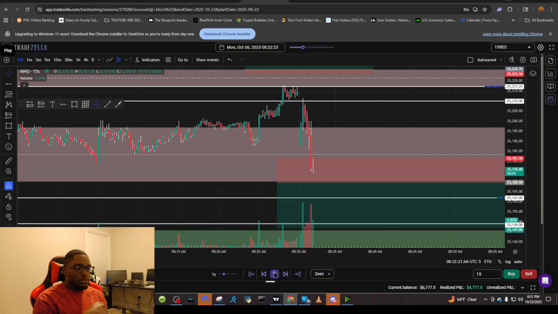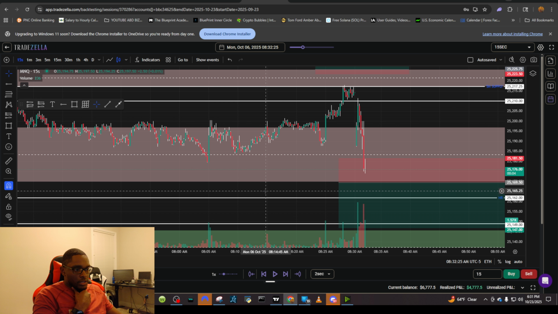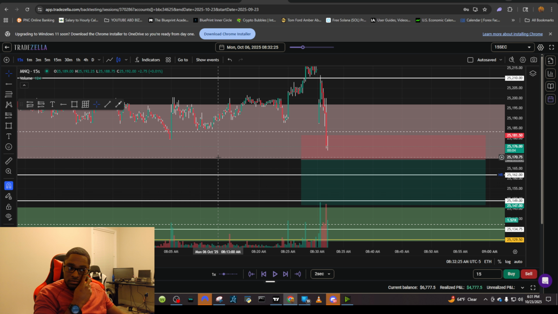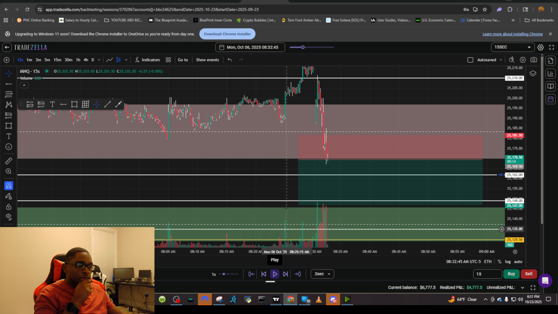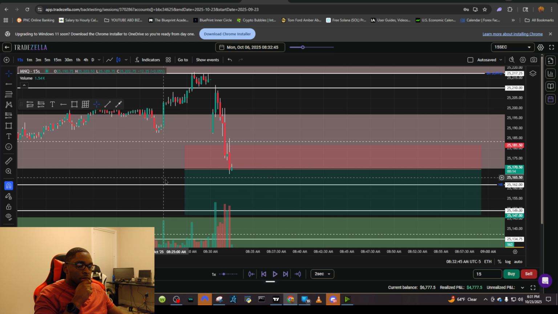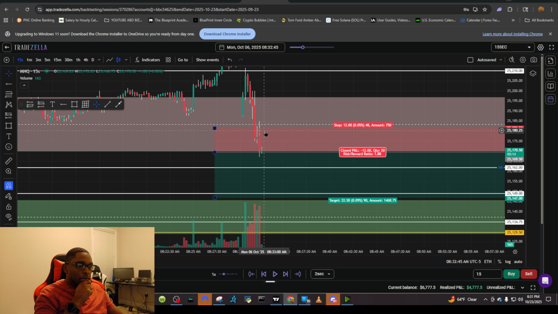So let me pause this. If we get a break under here and a close, it goes short right here. Tap back into this zone.